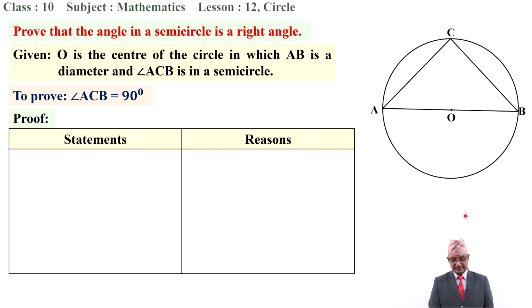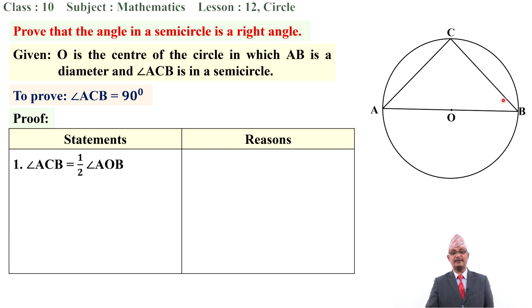So can we write angle ACB, that is the inscribed angle, is half of the central angle AOB? Yes. Why? Because we have proved in the theorem that the central angle is double of the inscribed angle standing on the same arc, or the inscribed angle is half of the central angle standing on the same arc.